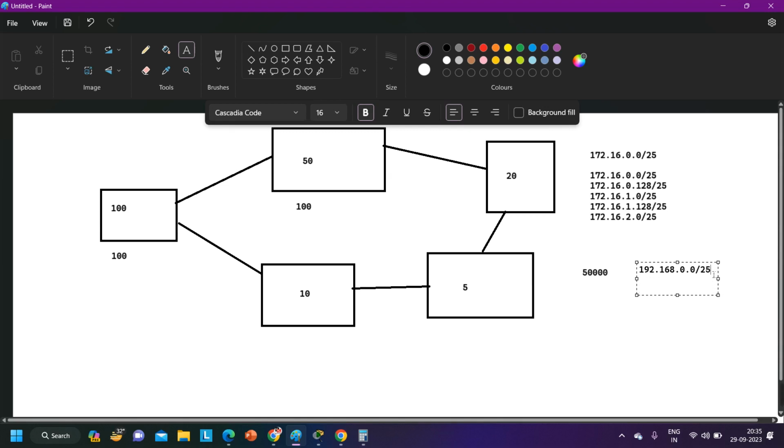Here we have 24 network bits. So what will be the last IP address? 192.168.0.255.